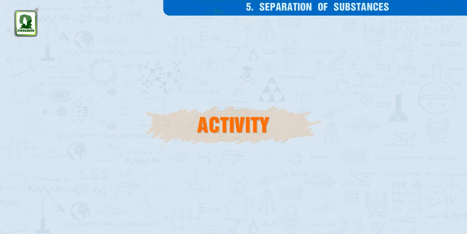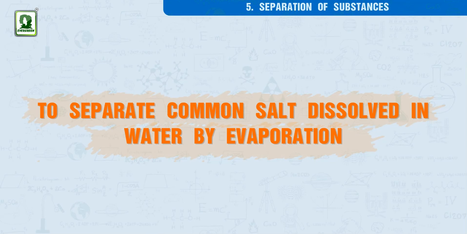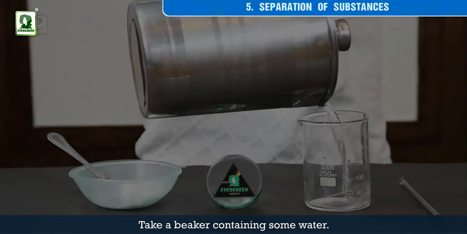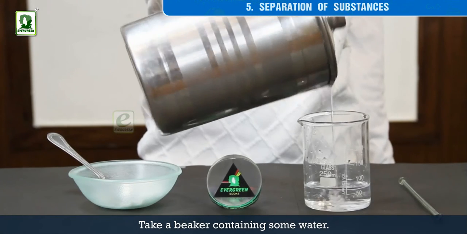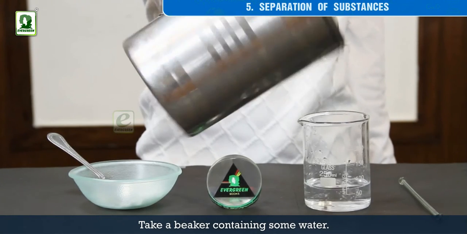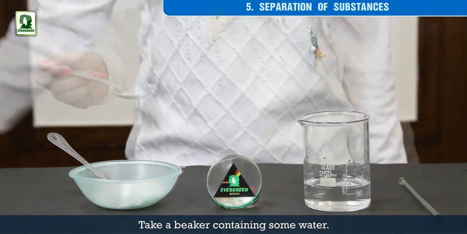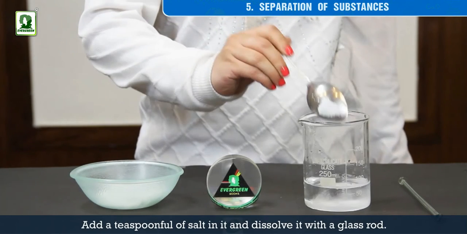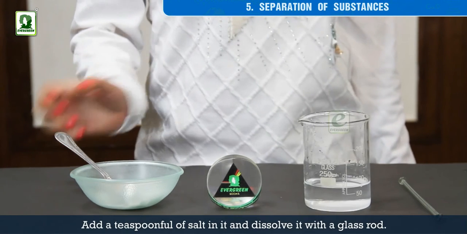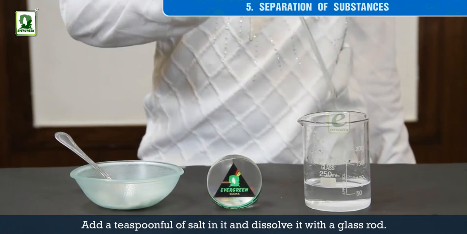Activity. To separate common salt dissolved in water by evaporation. Take a beaker containing some water. Add a teaspoonful of salt in it and dissolve it with a glass rod.